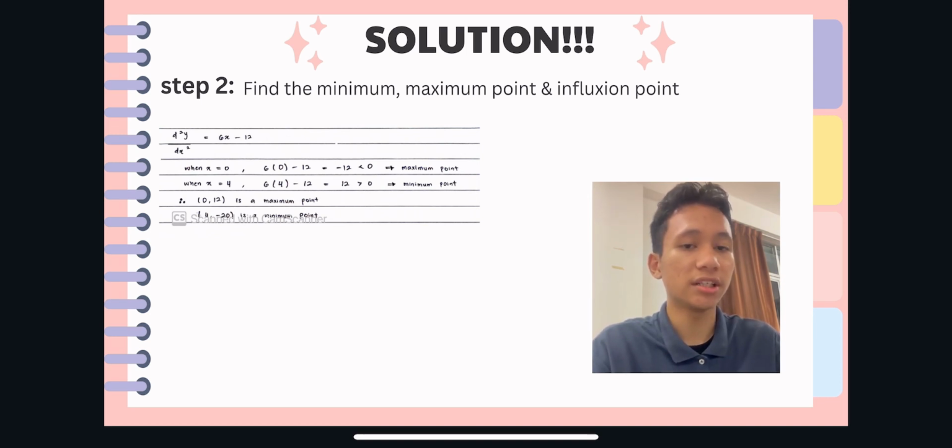If the answer is less than 0, it will be a maximum point. And then we use x equals 4. For x equals 4 we get 12, which is more than 0. It will be a minimum point.